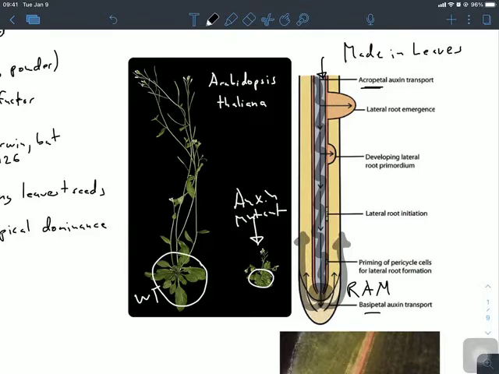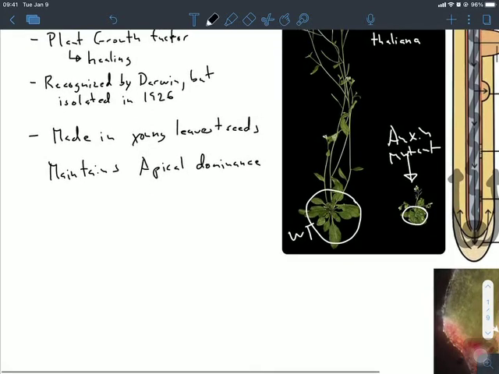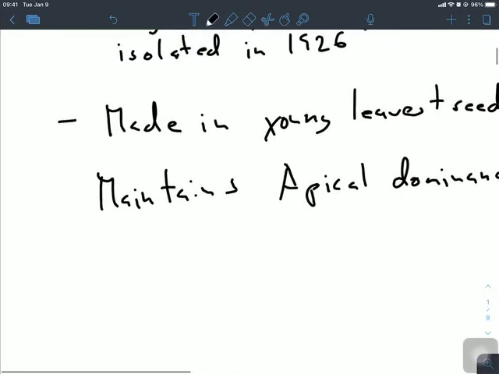There's one other thing about auxin's transport that matters a ton, and we'll see some different mutants associated with this type of transport of auxin. Auxin is said to undergo polar transport.